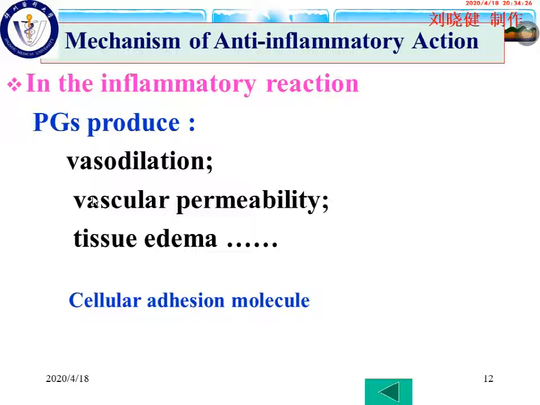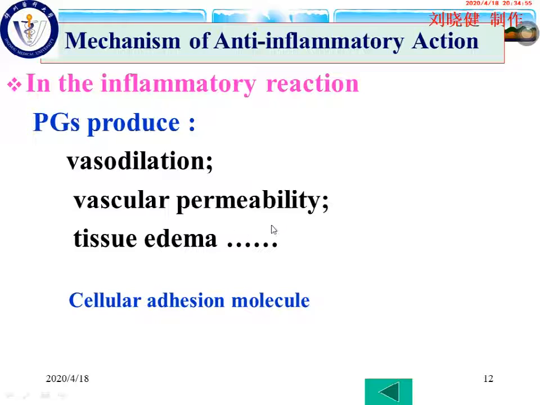Actually, rheumatism or rheumatoid arthritis also involves inflammation. During inflammation, the synthesis of prostaglandins is elevated. It can induce vasodilation, increased vascular permeability, and tissue edema.